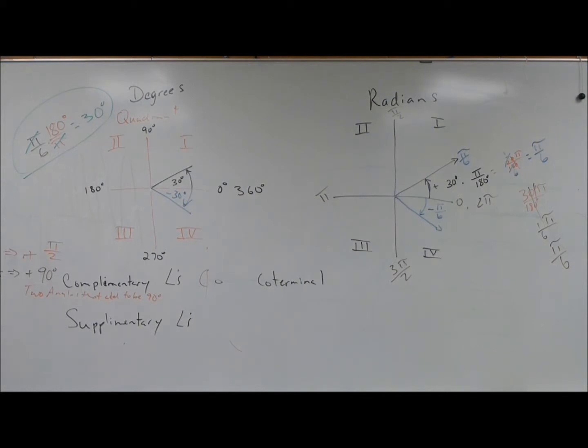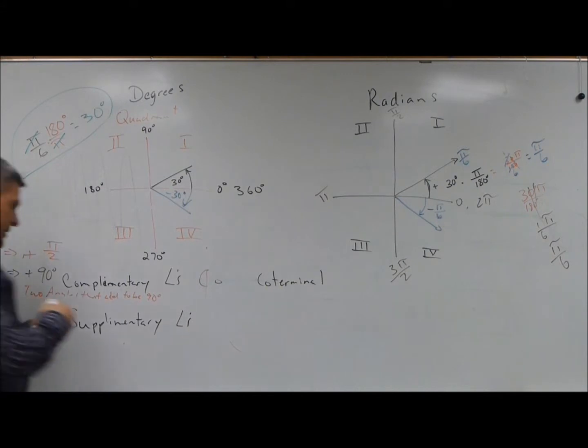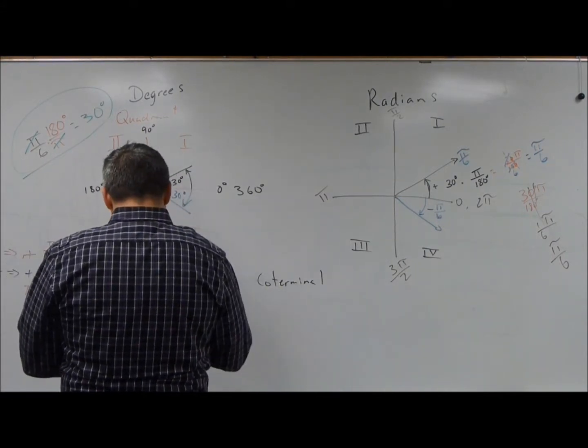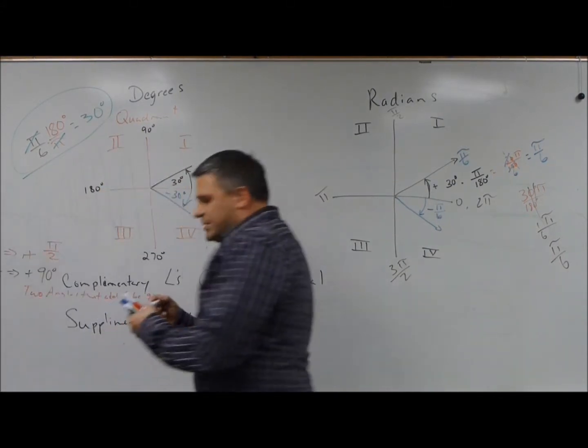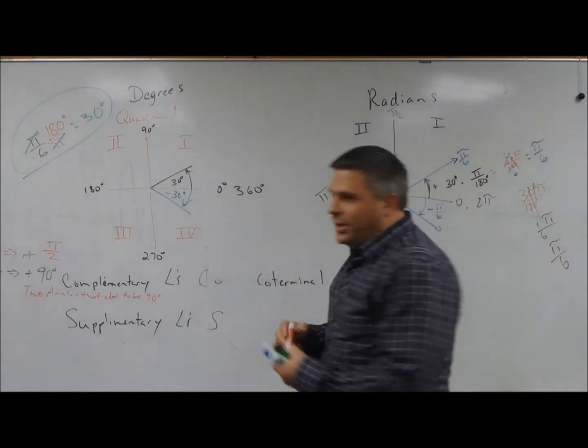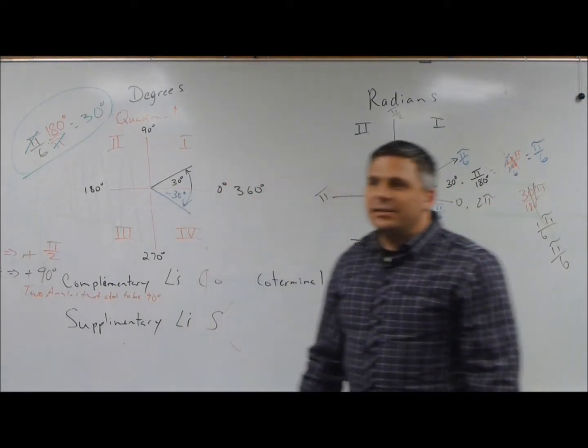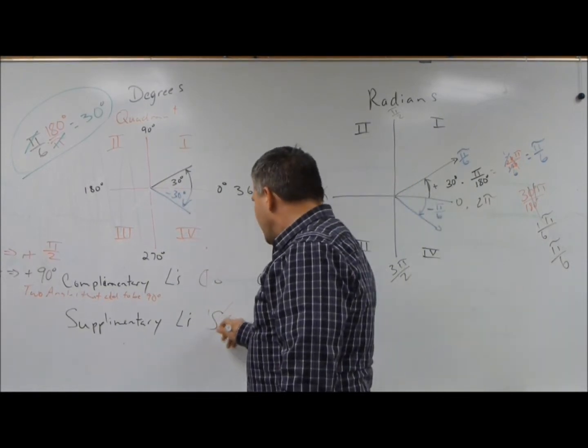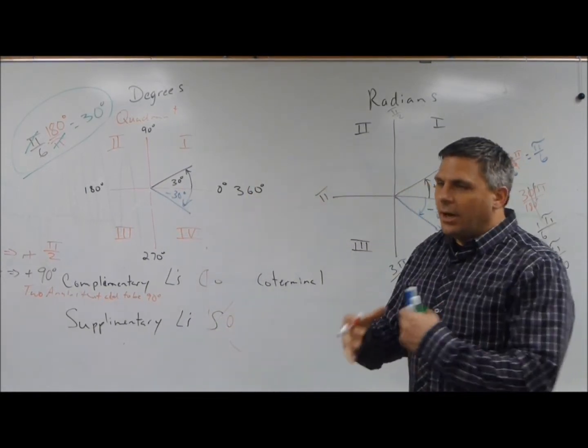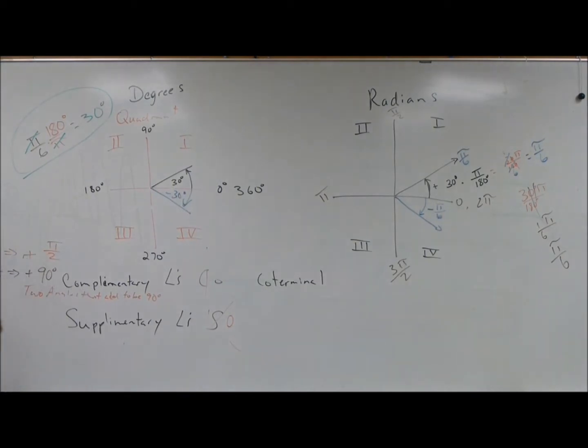In the supplementary, what I like to do is look at the S in sup, and I throw a line through it, and it looks like an 8. And that's the 180. So it helps me remember that it's 2 angles that add up to be 180 degrees.